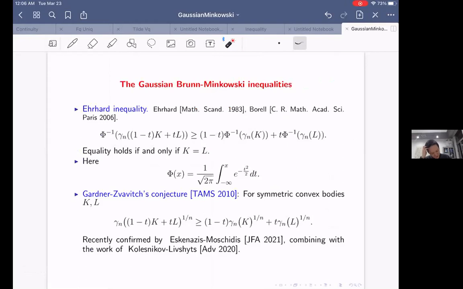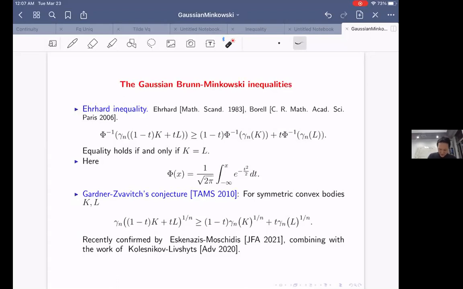Another point to consider the Gaussian Minkowski problem is that, as we recall in the classical Brunn-Minkowski theory, there is a quite close relationship between the Brunn-Minkowski type inequalities and the Minkowski problems. And these two are very fundamental things in the Brunn-Minkowski theory, I think.